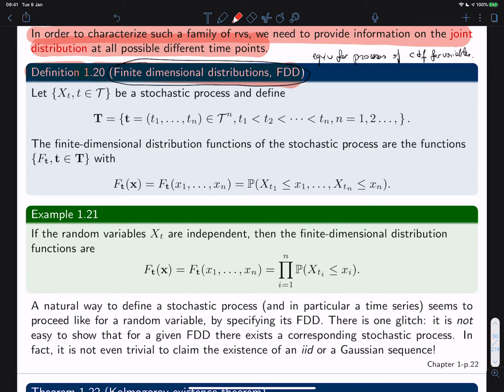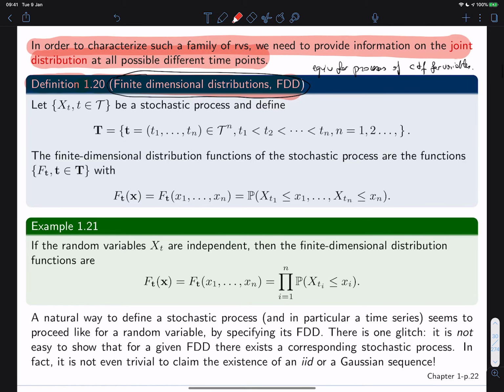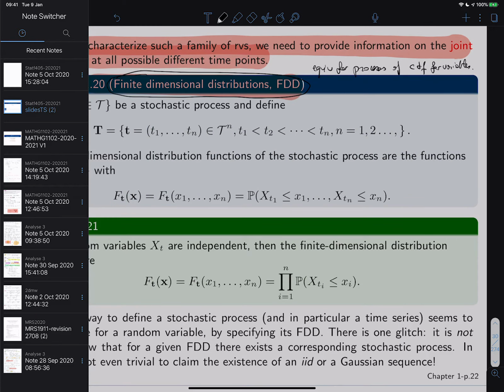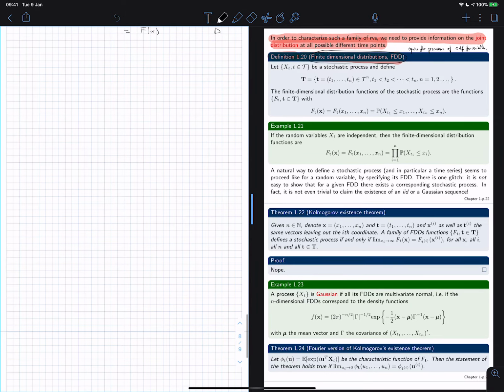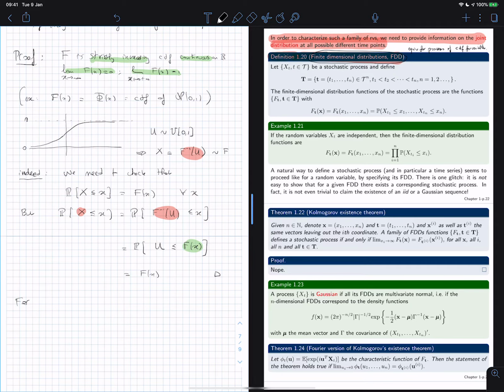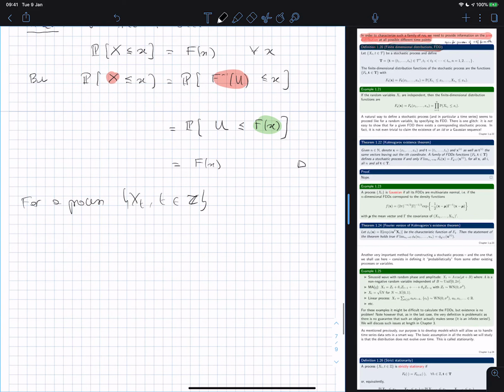But anyway, you're free. So in order to characterize a process, well, what do you need? So for the process, let's say T is in Z. What do we need? Well, we need the marginals. So we need these guys. We also need the joint marginals.